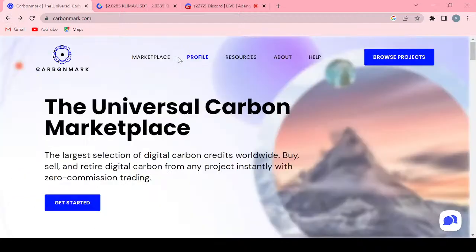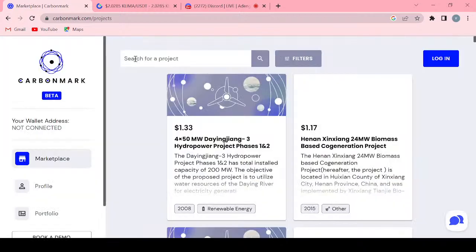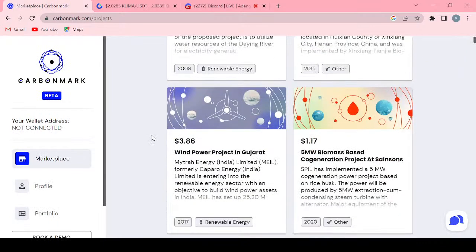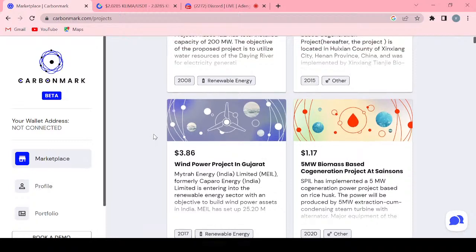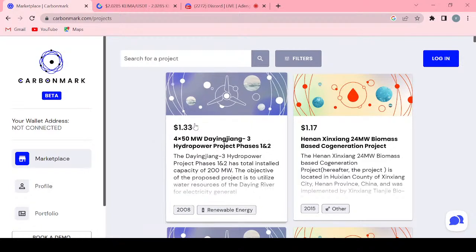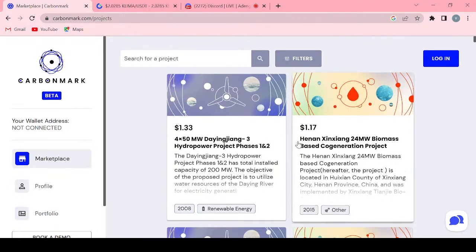And we can see the marketplace, what is inside the marketplace. Okay, so the marketplace contains renewable energy here, with the mentioned price.